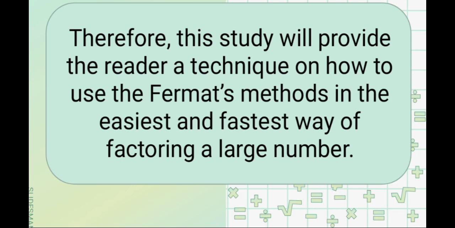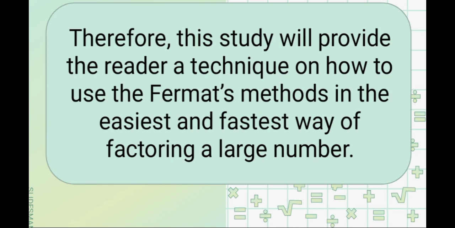So we have q squared and p squared, because remember the formula of Fermat is that n is the difference of two squares. So if we write it, we write n is equal to q squared minus p squared, which is the difference of two squares.